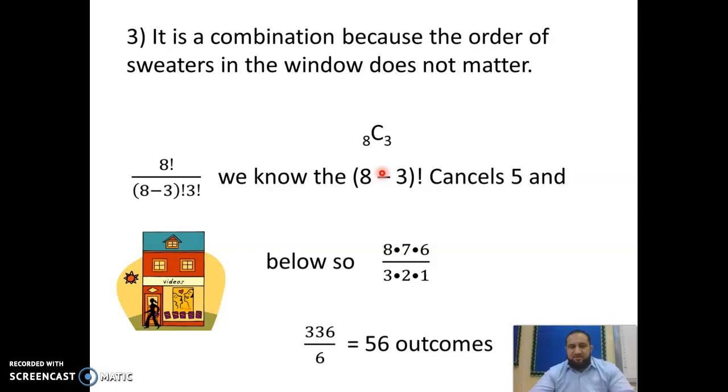We did not declare which order we are going to place them in. So it's 8 factorial over 8 minus 3 factorial times 3 factorial. Simplifying, the total outcomes are 56.